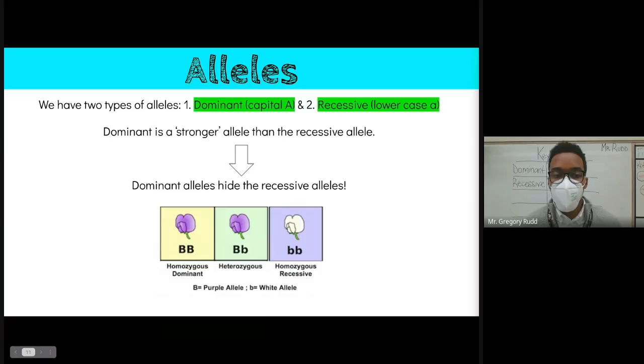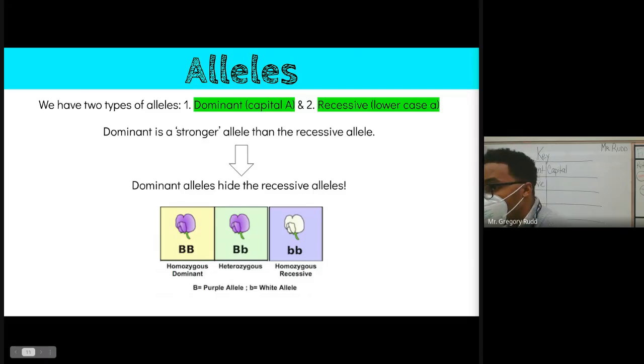Okay, so one of my 2 people who are actually here in person, how do I represent a dominant allele? It's on the screen. A capital letter, yeah. In this case, I'm going to use the letter E. Is that okay with you all?